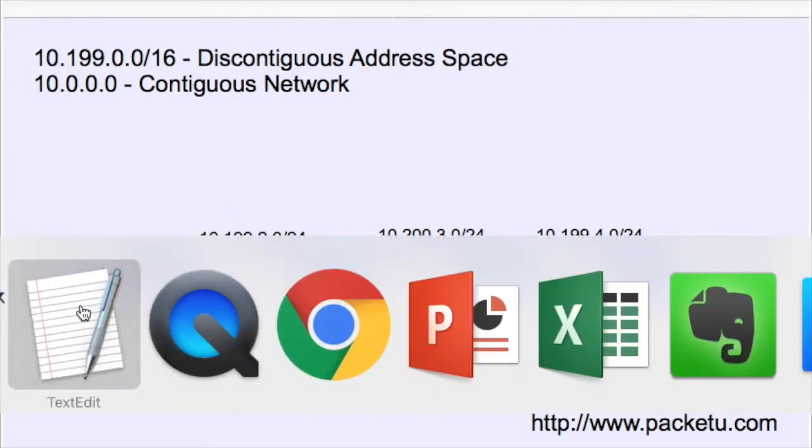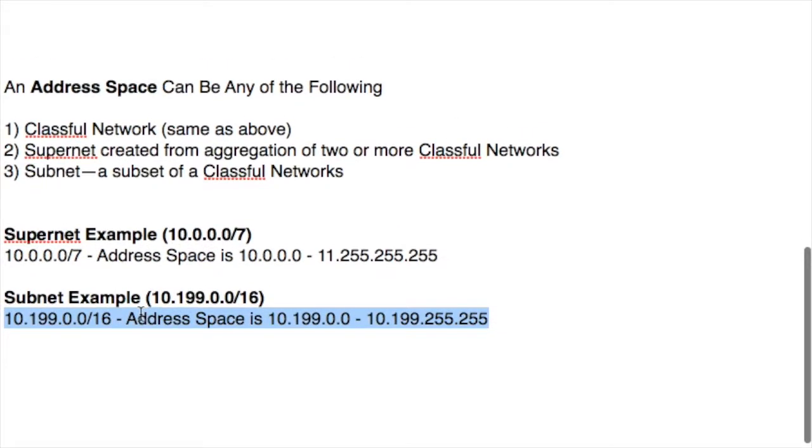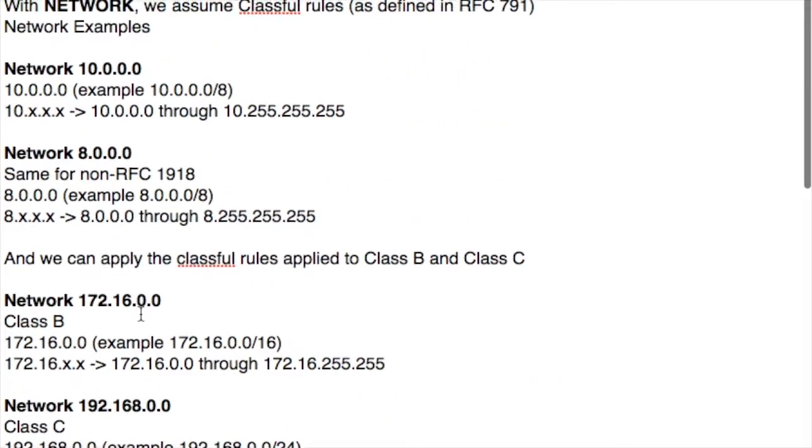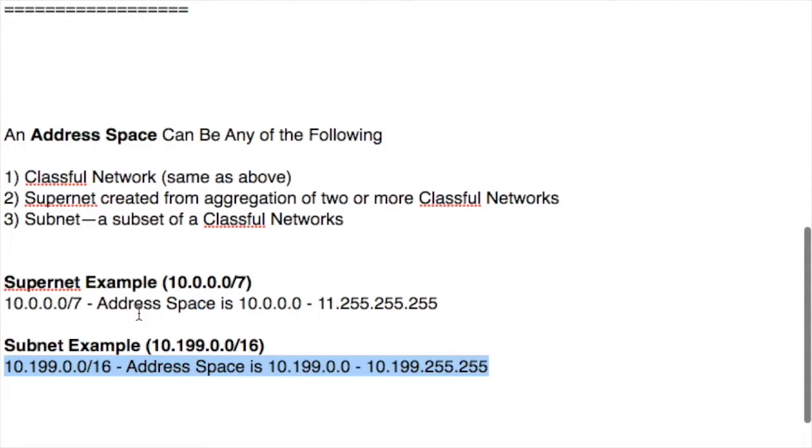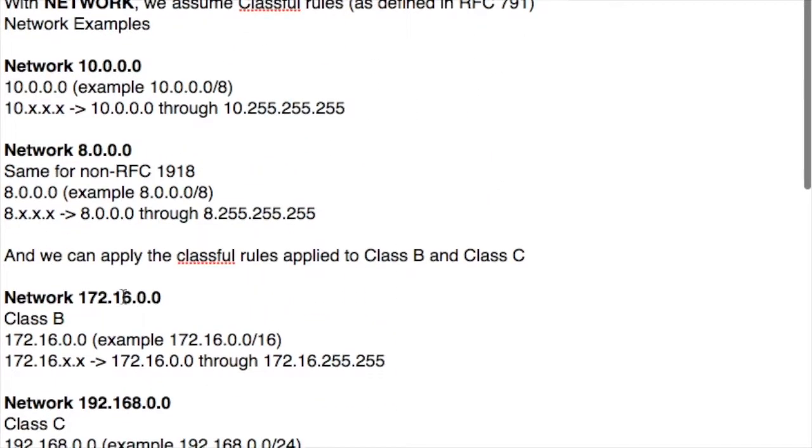Just wrapping up here, a network, we assume classical. An address space could be a classical network, a supernet, or a subnet. When you hear somebody saying network, it might be a good idea to determine if you're talking about classical rules, which is a more typical way that you'll see this from a CCNA, CCNP study perspective.